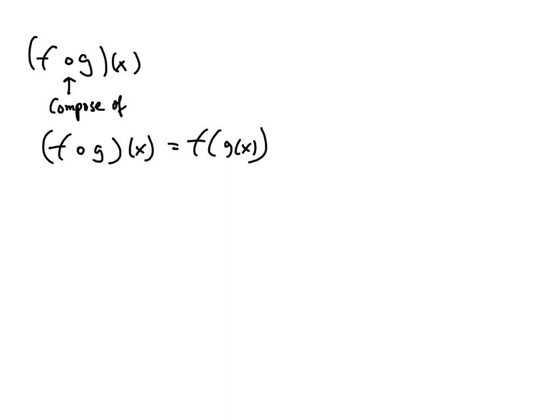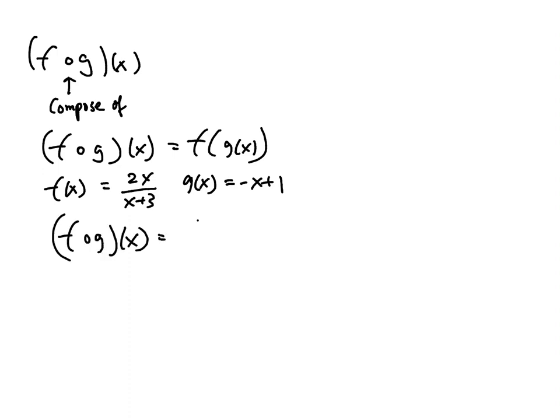Let's go ahead really quick and find the composition of part A. We will talk about the rest in a little bit, but I want to do one example really quick to get your feet wet. So if f of x is 2x over x plus 3 and g of x is negative x plus 1, then f circle g of x is, by definition, f of g of x.